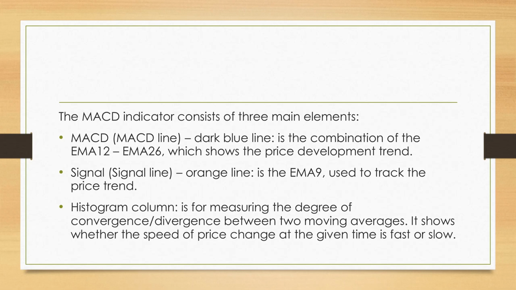The histogram column is for measuring the degree of convergence or divergence between the two moving averages. It shows whether the speed of price change at the given time is fast or slow. Or in other words, there's a lot of volatility or a lot of movement or momentum in the market.